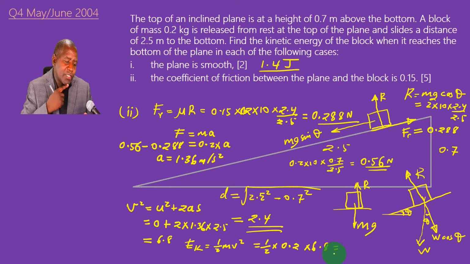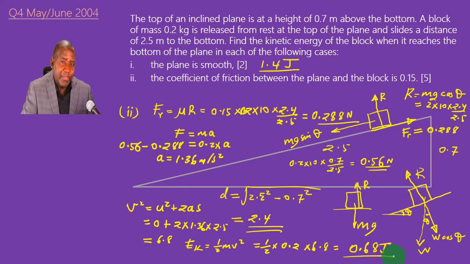So I've already got 6.8 there, multiplied by 0.2. Then I divide all that by 2. And I get 0.68 joules. That makes sense. So that is one of the methods that I can use to solve this question.